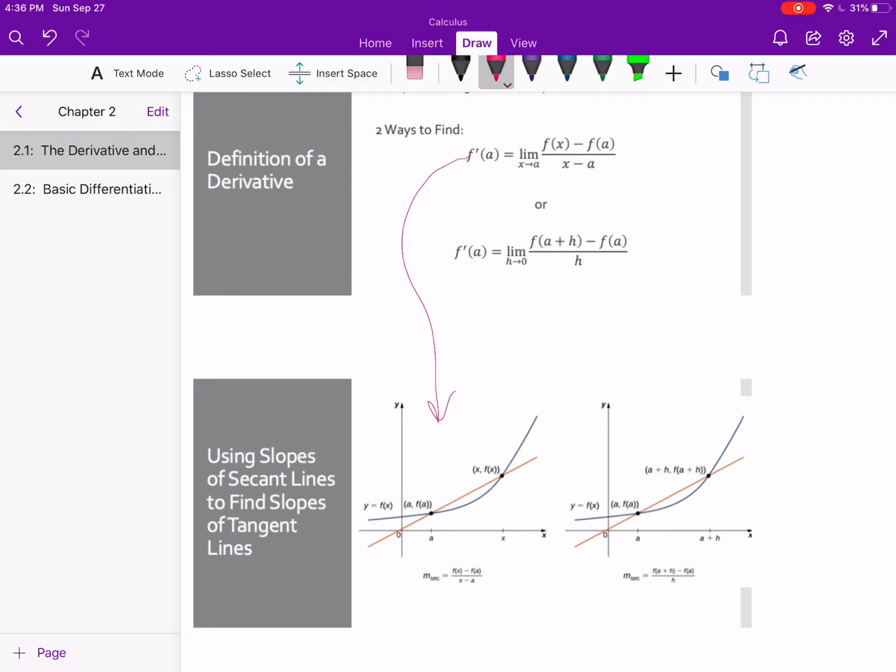We're basically finding the slope between 2 points as x gets closer and closer to a. And as we get infinitely closer to a, we get to that tangent line. Same thing with f of a and f of a plus h. As h gets smaller and smaller, until h is basically 0, we get that tangent line.